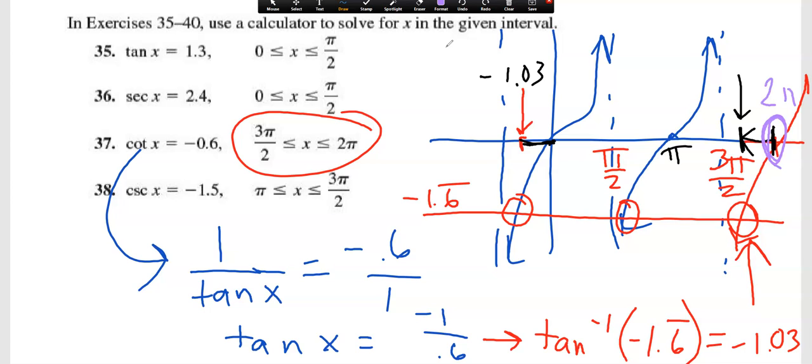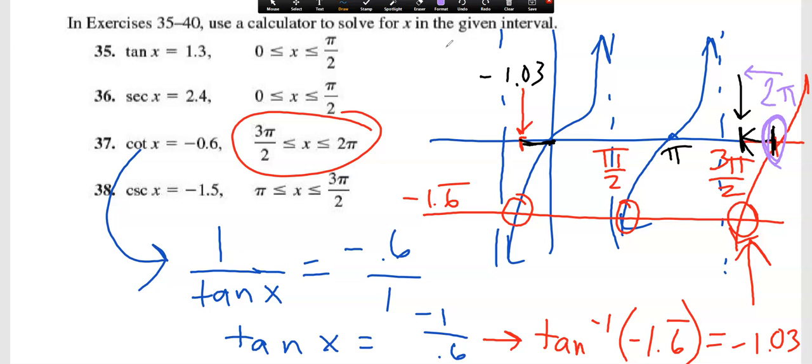That's 2 pi, isn't it? How can I use that to find the correct answer? Can't I subtract? And how much should I subtract from 2 pi? Anybody got an idea? How far back should I move?